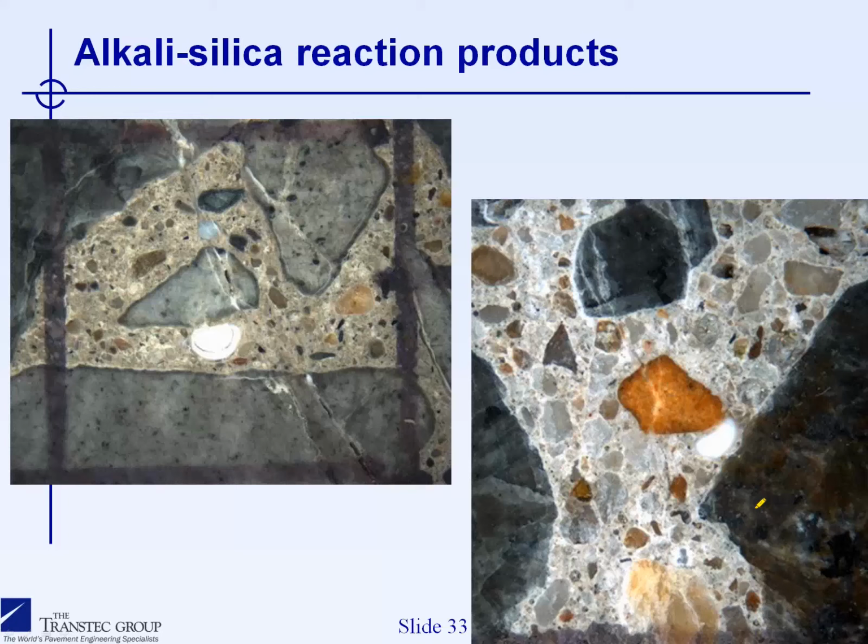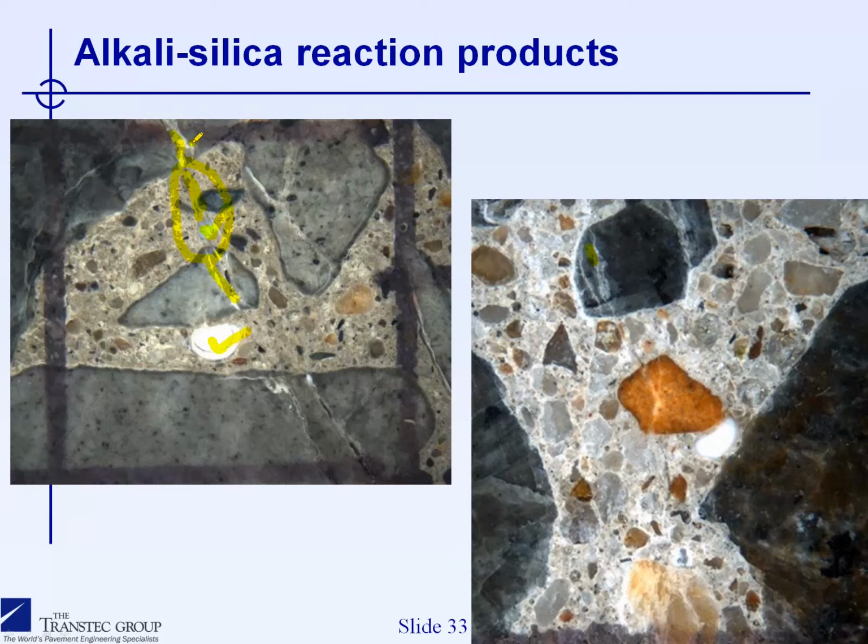So obviously the secondary product from ASR, what we call the alkali silica gel, is a main feature that petrographers will be looking for to confirm the presence of ASR in the concrete. As you can see here, you have gel in cracks of the cement paste, gel in voids of the cement paste, and also gel in cracks of the aggregate particle.